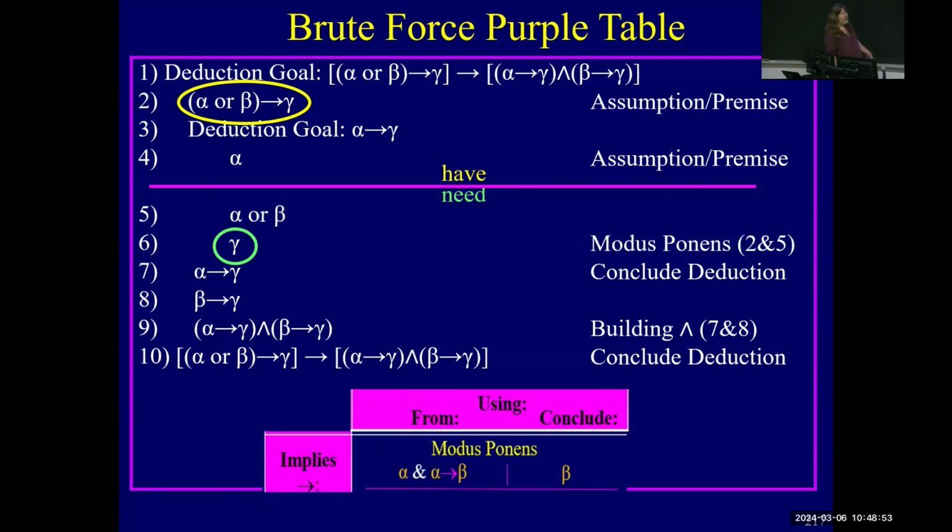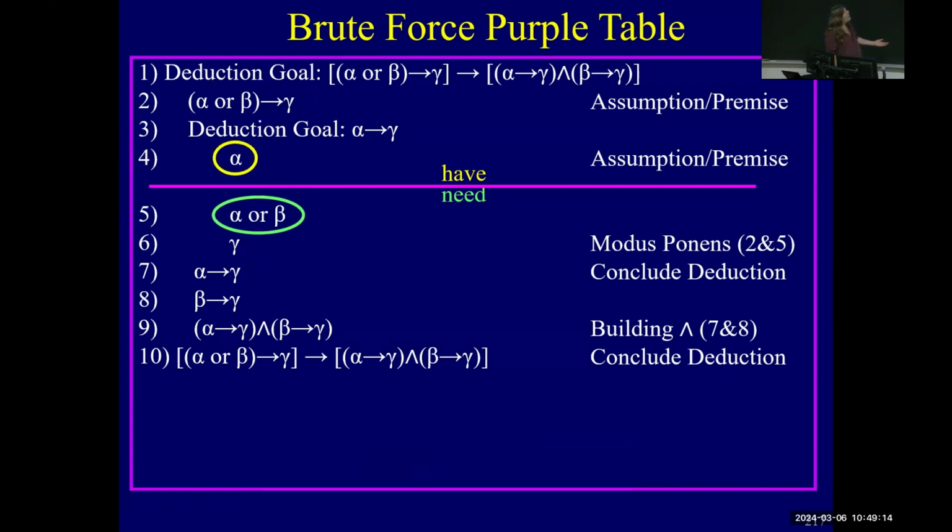I need the OR, right? People see that? I mean, I don't know how I'm going to get the OR yet, but if I see here that if I can get the OR, then I'm done, right? And it's simpler. So I write down I need the OR, right? And now how am I going to get the OR? Well, I know alpha, so I know the OR, right? Does that make sense?